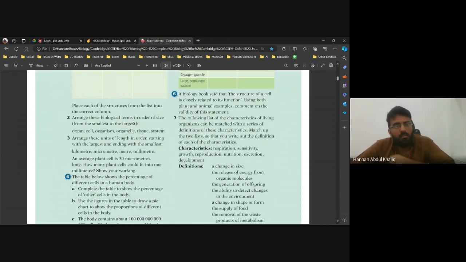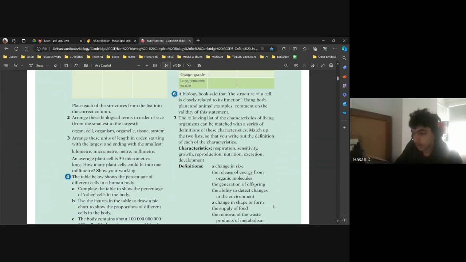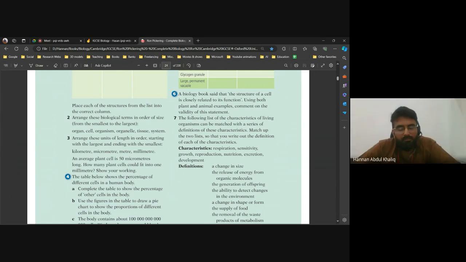All right. So arrange these biological terms in order of size. Like what is the smallest entity among all these and which one is the largest? So let's see how you can do it. Second one.